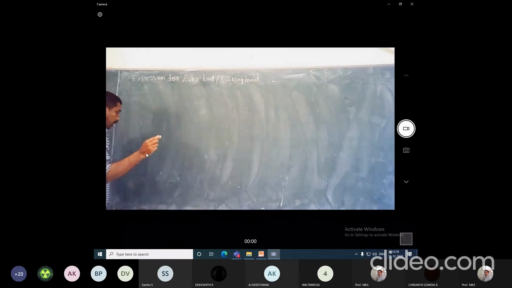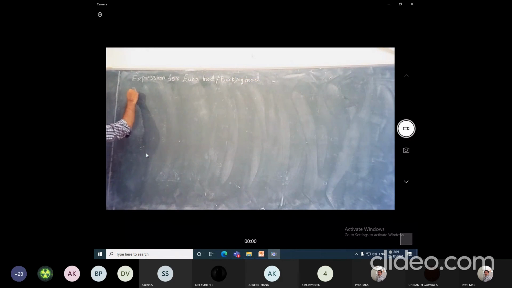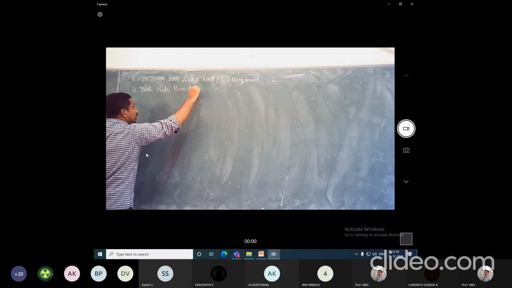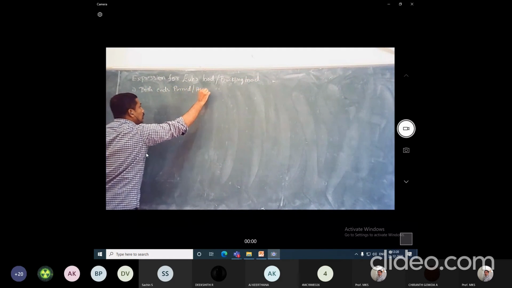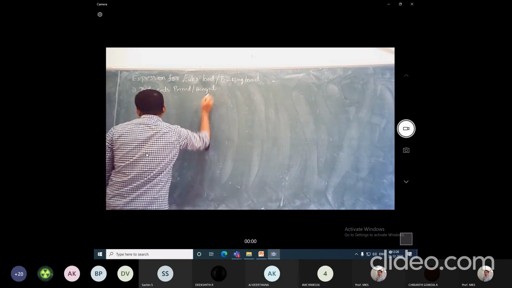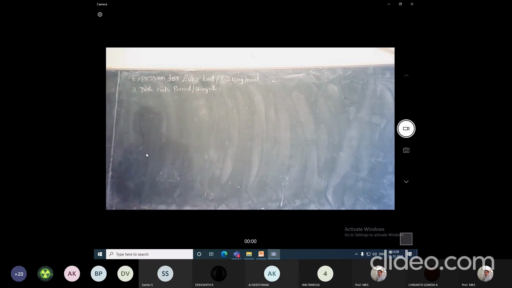The first case is both ends pinned, or we call it hinged.